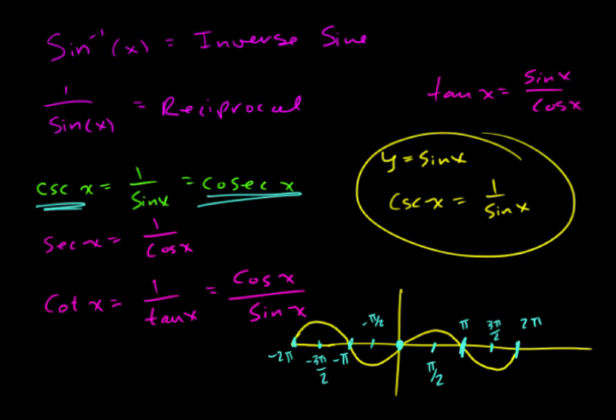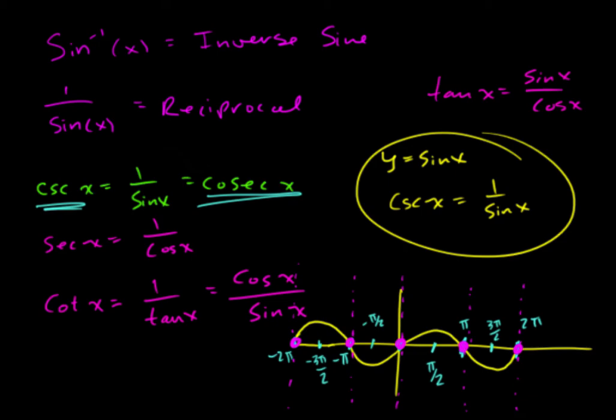Now, what's going to happen if we take the value of sine and do 1 over that value? Well, these places where it's 0, we're going to end up with asymptotes, because that would create 1 over 0, division by 0, which creates a vertical asymptote.